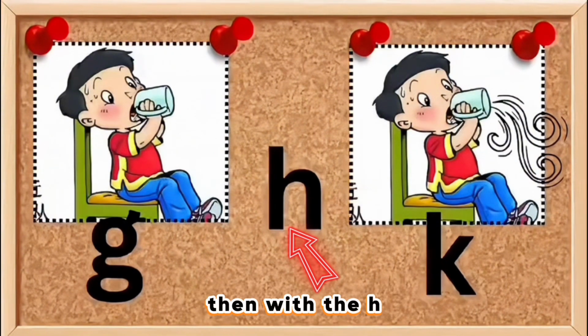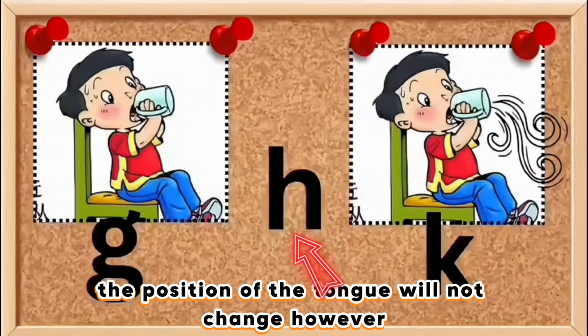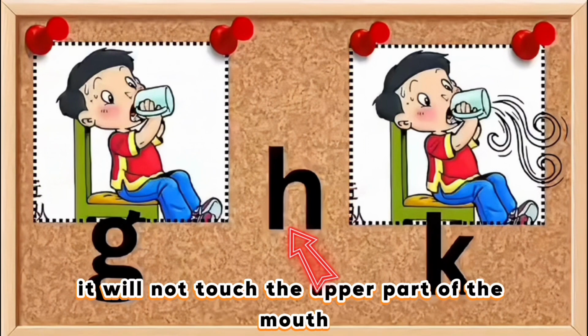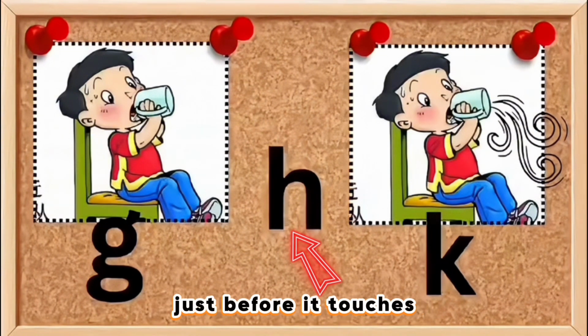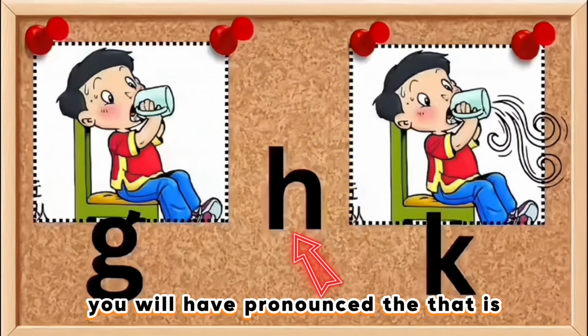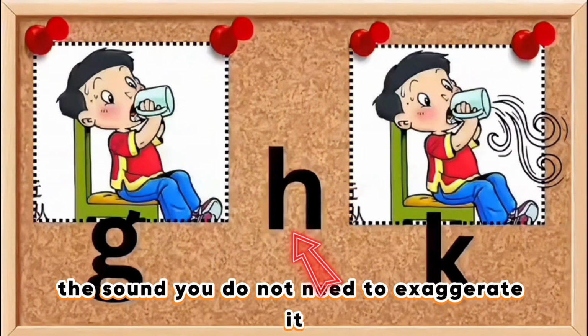Then with h, the position of the tongue will not change. However, it will not touch the upper part of the mouth. It is attempting to touch, but in the process, just before it touches, you will have pronounced the h. That is the sound. You do not need to exaggerate it.